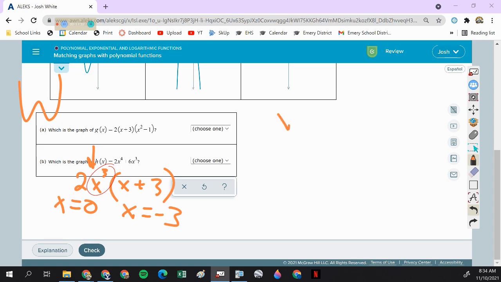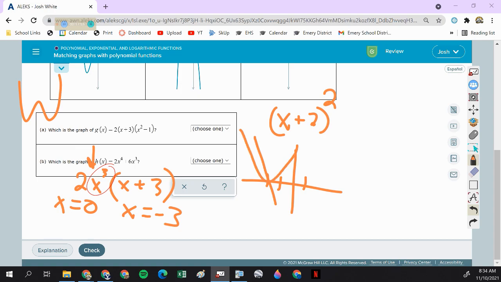So if I had x plus 2, then that would hit the graph at -2. But what if it was x plus 2 squared? How do you hit -2 twice? It bounces off. So that would be a bounce. But what if it was a third power? Then it does the x to the third saddle. It comes up and flattens out and then goes up again.